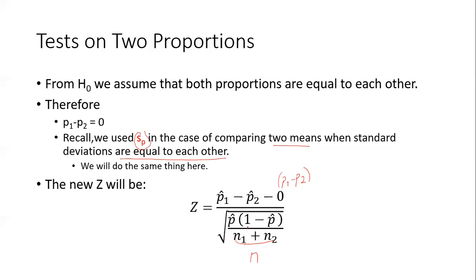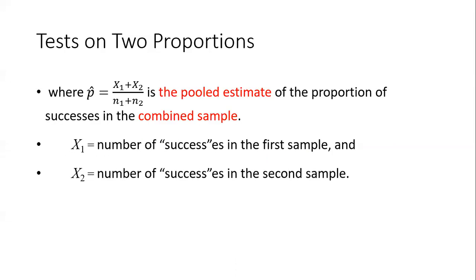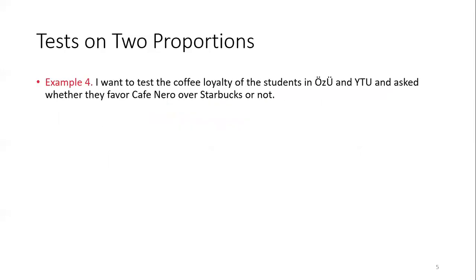So what is p hat here? P hat is the pooled estimate of the combined sample. How? You just sum the number of successes in the first sample and the successes of the second sample, and divide it by the total number of observations in the two samples.